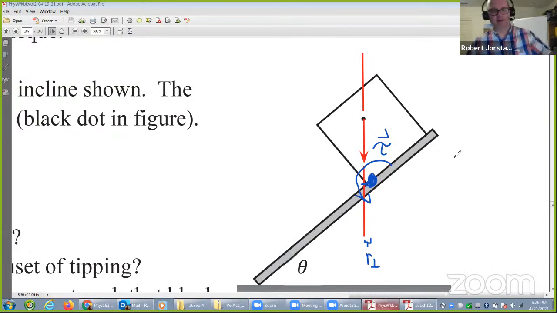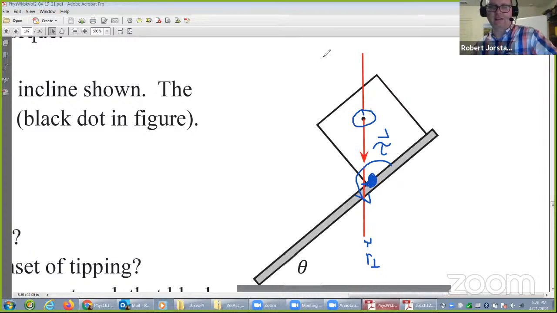So if you're wondering about things tipping over, look at their center of mass. Look at the pivot point, which is some corner of the box or whatever. And then if the line of action for the weight goes outside the object before you get to the tipping corner, the thing's going to tip over.